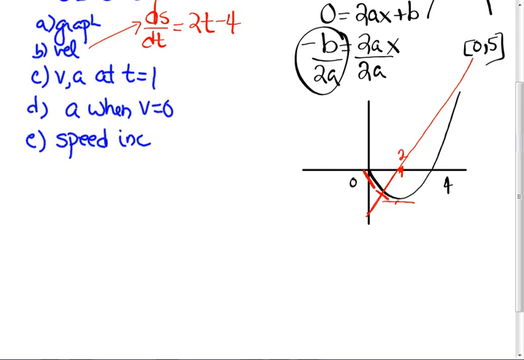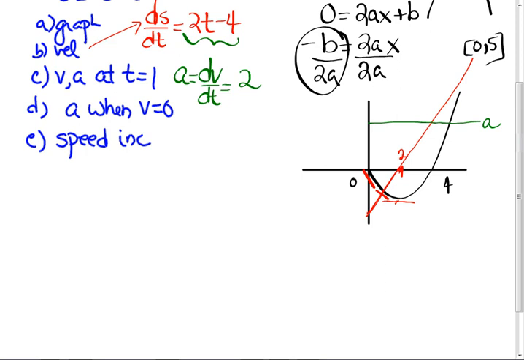They're negative. My function should be below that. Okay, then it says find the acceleration for C. Well, what's the acceleration then? Acceleration is the derivative of the velocity with respect to time. What's the derivative of this guy? It's 2, right? So that graph is up here someplace. That's acceleration.